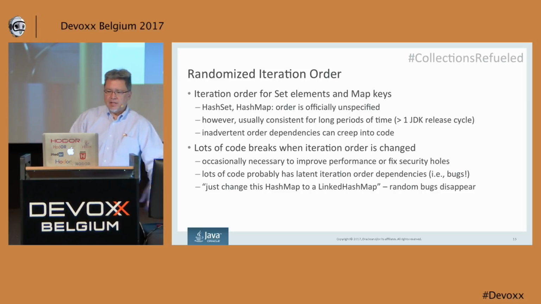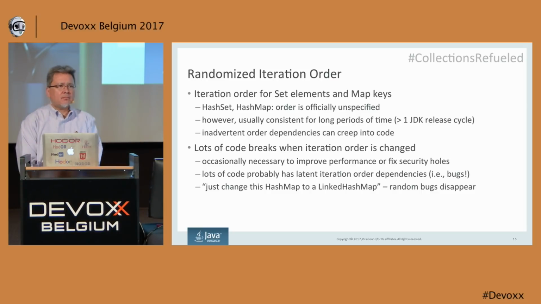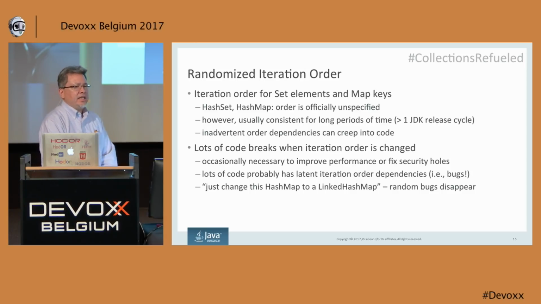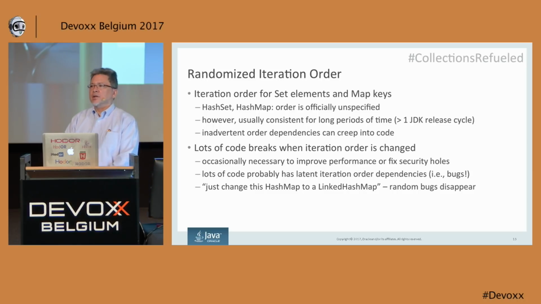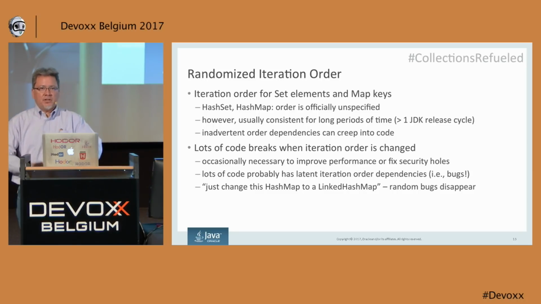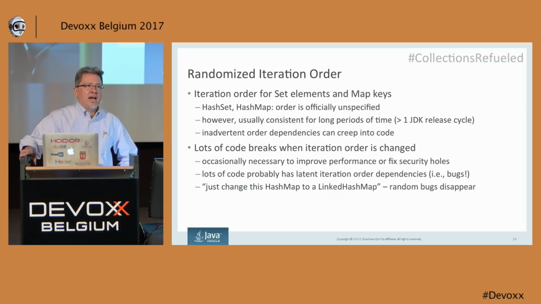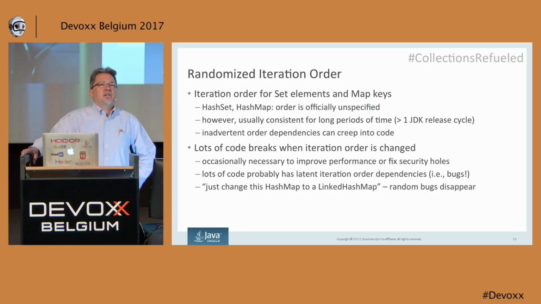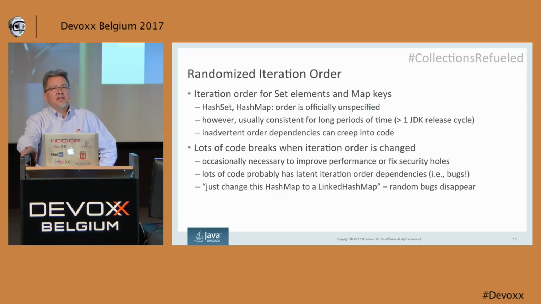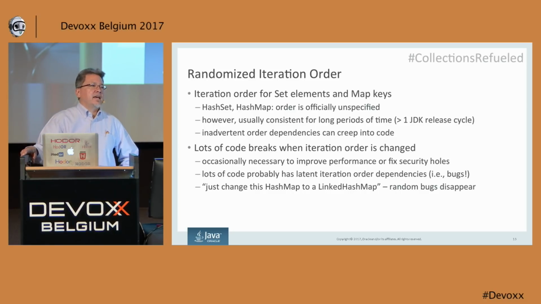All right, so this is something that has caused some confusion and consternation. There's a long history about the iteration order of various collections that are hash-based. If you look at the specifications for things like hash set and hash map, the iterator method says something like returns the elements in this set in no particular order.